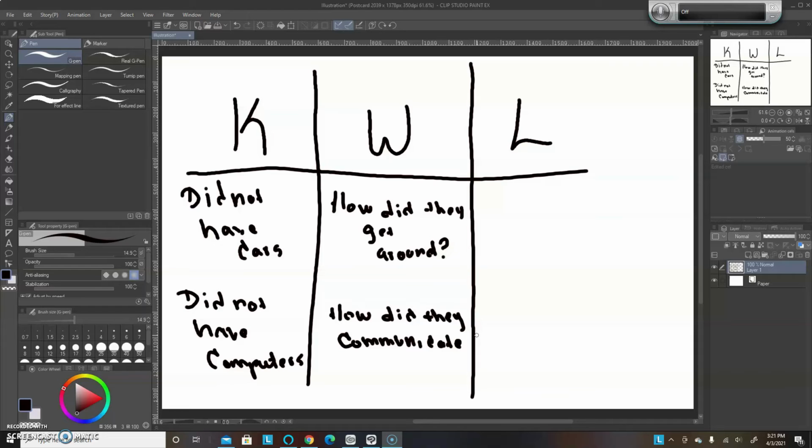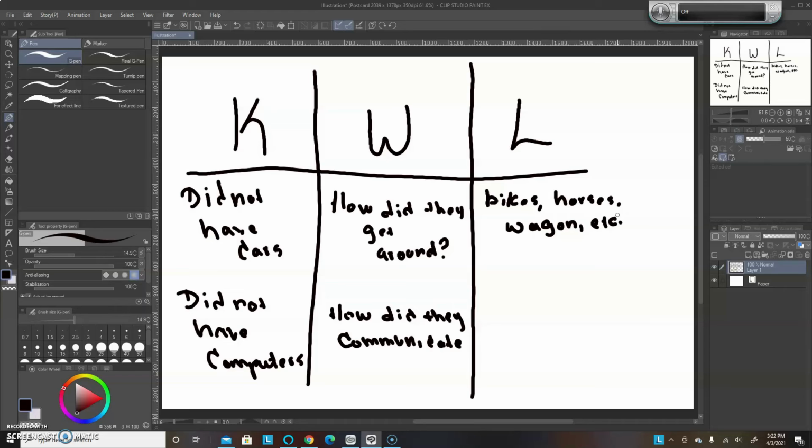So let's say throughout the lesson, we learn that while, yes, people from the past may not have had cars, they had bikes, horses, wagons, etc. They had all these other things. And as we learn these things, we would write them down into the learned column.